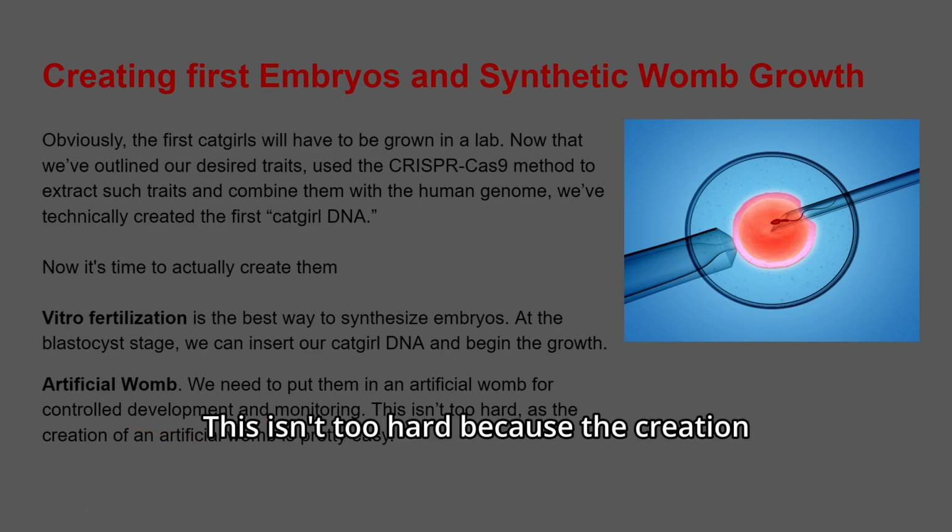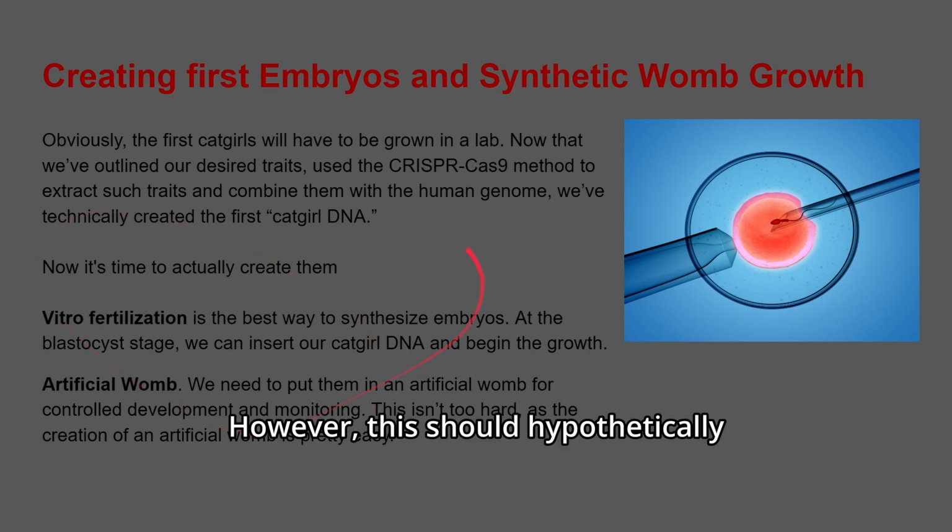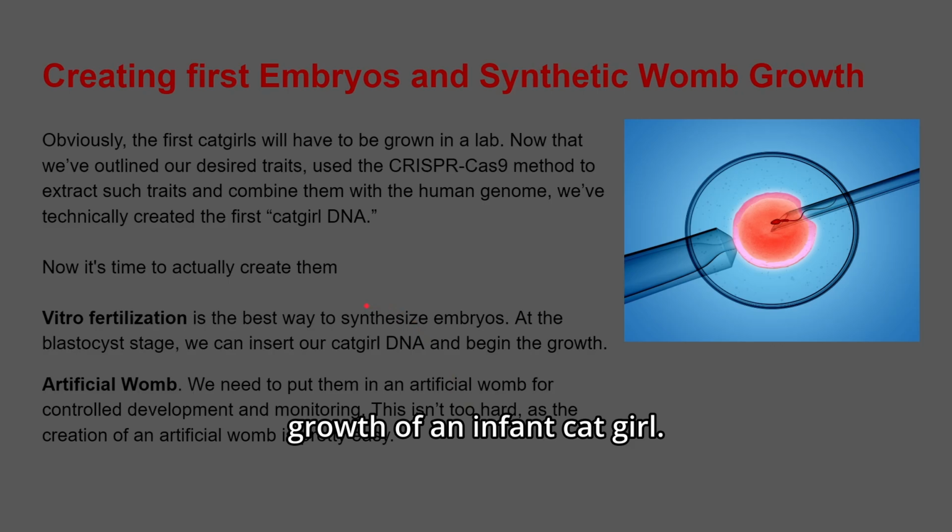This isn't too hard because the creation of an artificial womb is apparently pretty easy. I didn't know that we can do this, but yeah, we can kind of just put them in a machine that just mimics that. Obviously, we wouldn't be forcing the growth of an experimental creature onto an actual human. However, this should hypothetically result in the successful growth of an infant catgirl.